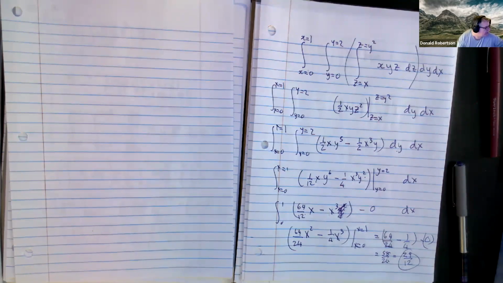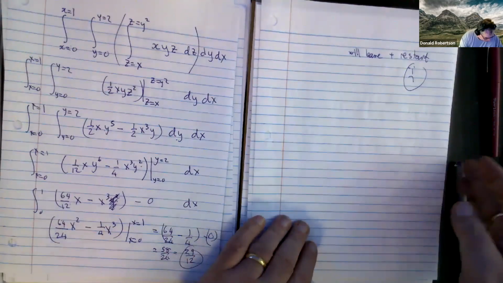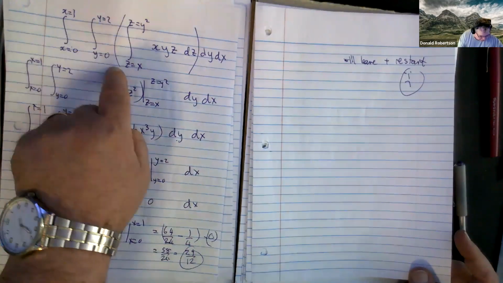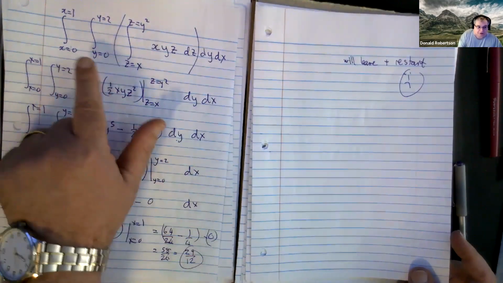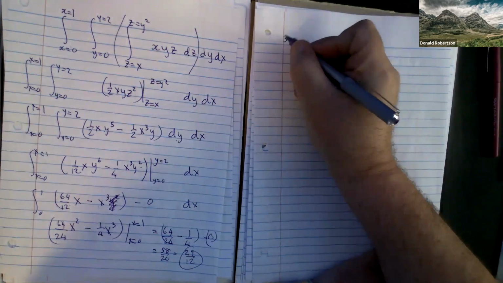Let's move on then and do the next level. So I did a triple integral where everybody was numbers. I did a triple integral where only one of them had a variable. The next one is question 3.